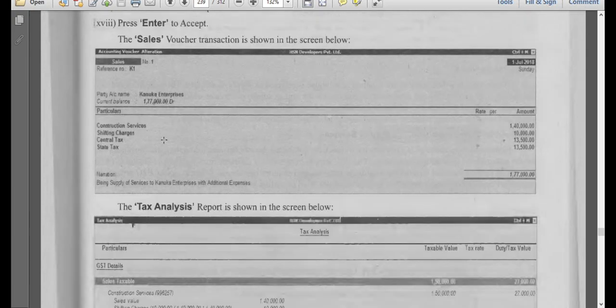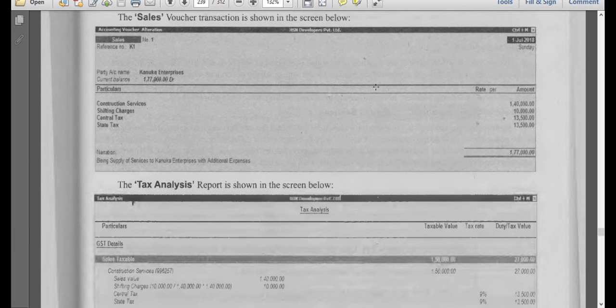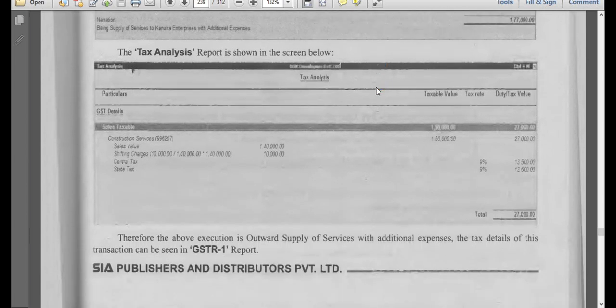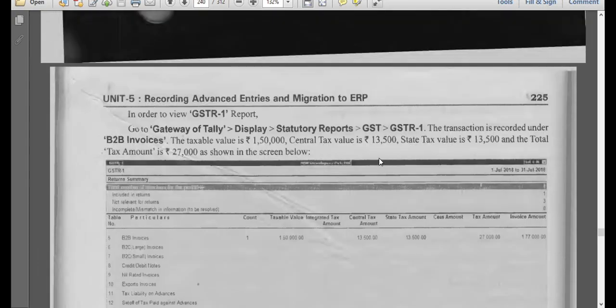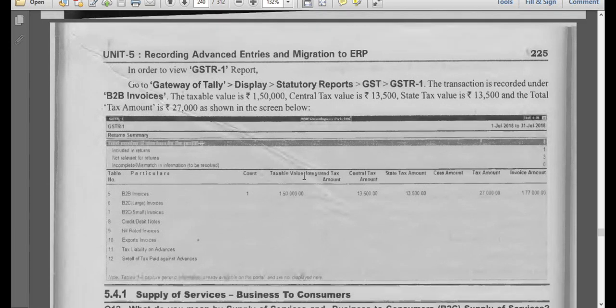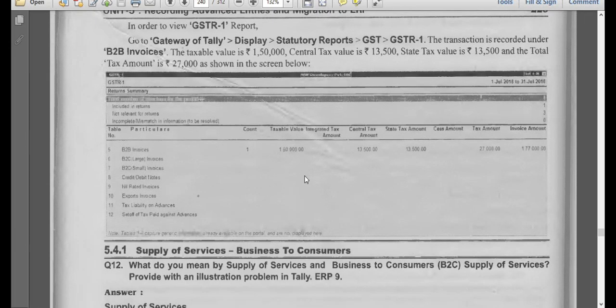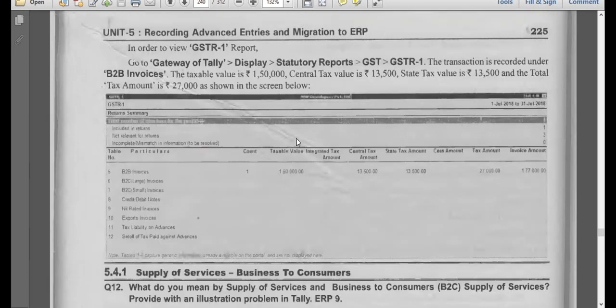Once we enter this, we can enter the transactions: construction services, shifting charges, and then obviously we'll have central tax and state tax at 9%. We can see that same transaction in GSTR 1 under B2B invoices. So it is about business to business. We'll enter these transactions here.